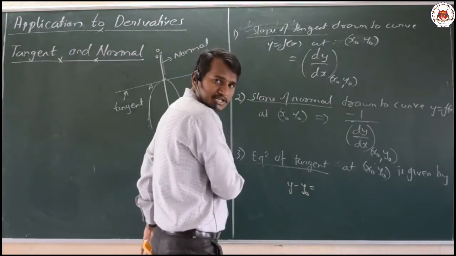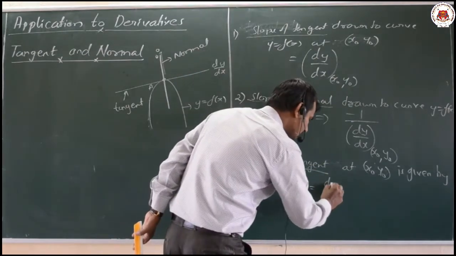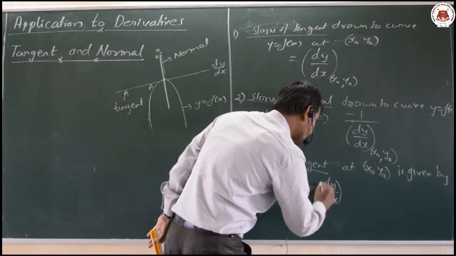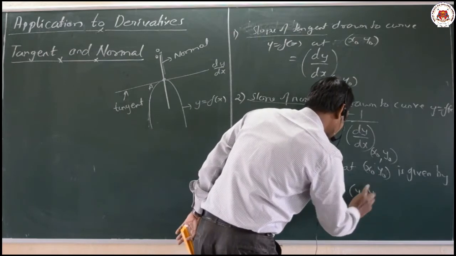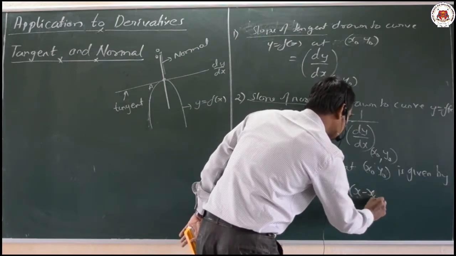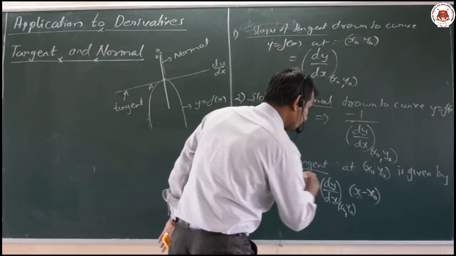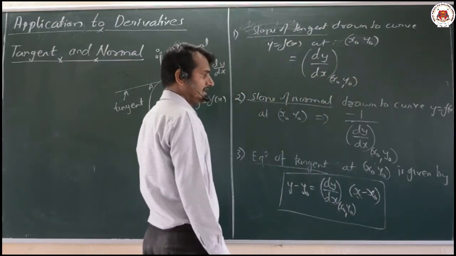That is the equation of a straight line. Here m means dy by dx at x naught, y naught, into x minus x naught. It is nothing but our equation of the tangent.